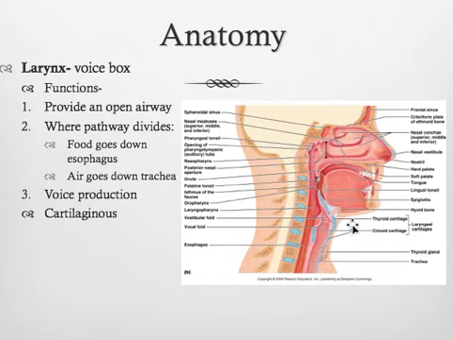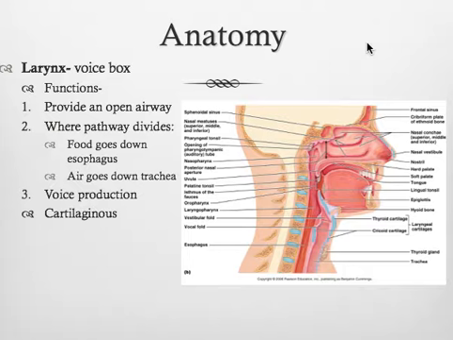You also have, in this area, the larynx. The larynx is your voice box, and it is also the pathway for air to go from your upper respiratory system down to your trachea. And in your larynx is also the place where the epiglottis moves food to the esophagus.